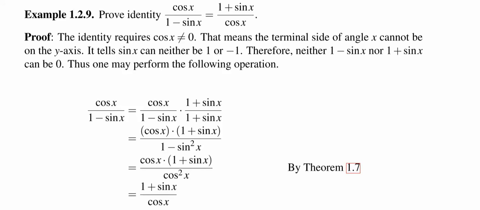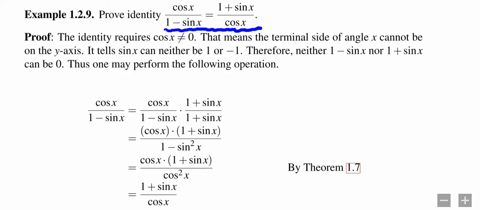In this video clip, we will prove this identity: cosine x over 1 minus sine x is actually the expression on the right-hand side, which is 1 plus sine x divided by cosine x.